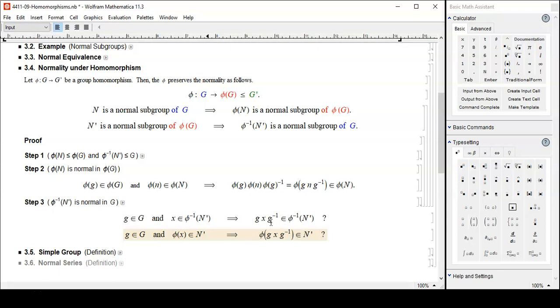How can you use the property of homomorphism here? Well, looks like we can do it this way. Phi of g x g inverse would be phi of g, phi of x, and then phi of g inverse, but phi preserves inverse, so you can rewrite like this.